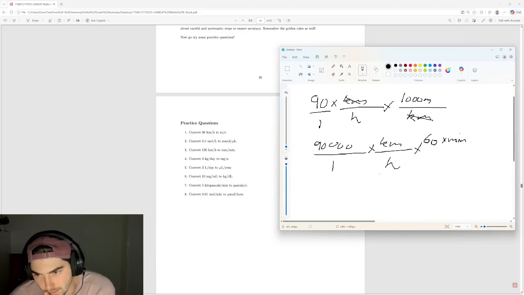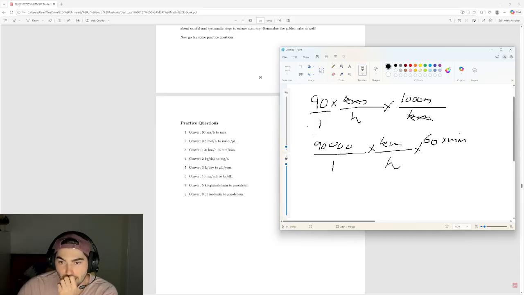Is this a continuation from the line above, or you're rewriting it a different way? Right, so you converted 90 kilometers per hour into meters per hour, which is 90,000. Yeah, okay. I'm with you now.